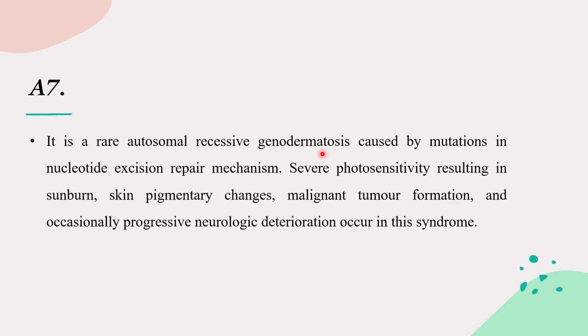And severe photosensitivity resulting in sunburn, skin pigmentary changes, malignant tumor formation, and occasionally progressive neurologic deterioration occur in this syndrome. It's not a disease, it's a syndrome. Okay, so I guess everyone has got your answer. We will be discussing this nucleotide excision repair mechanism in our upcoming slides.